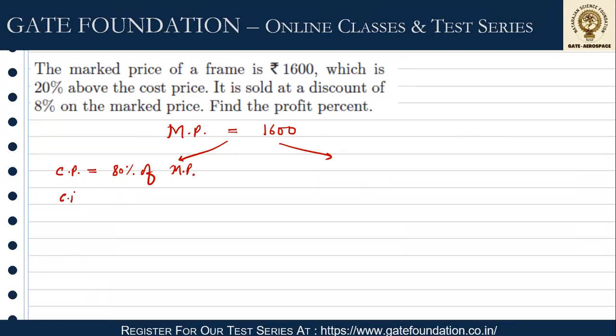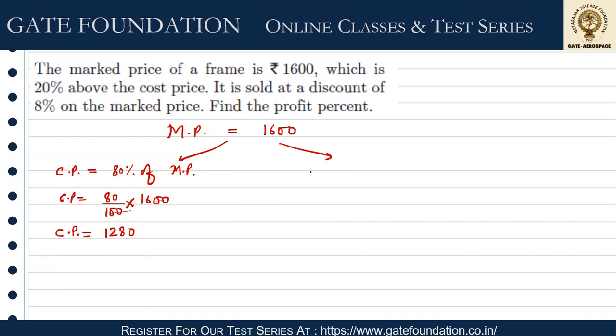So your cost price will be 80 by 100 of mark price, which is 1600. Right. So this will become simply 1280 if you solve. Those zeros will cancel from here, and 16 8 128, so 1280. This will be our cost price.